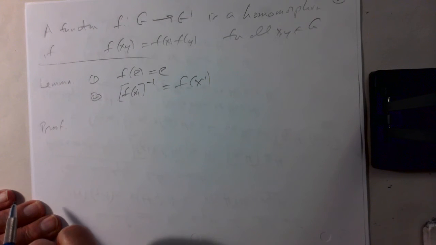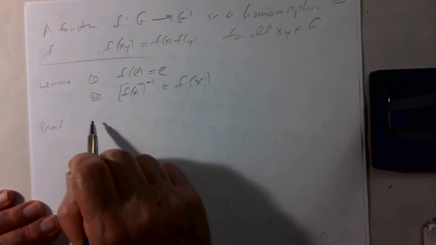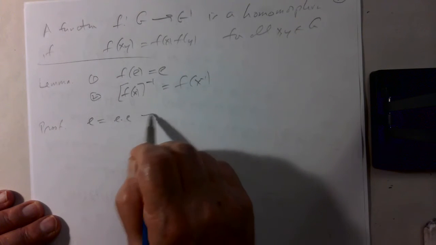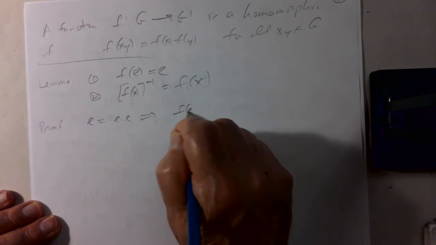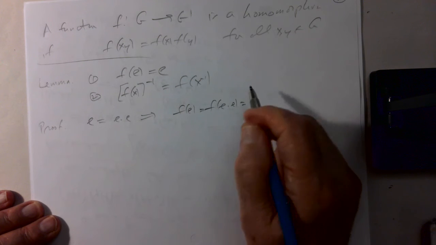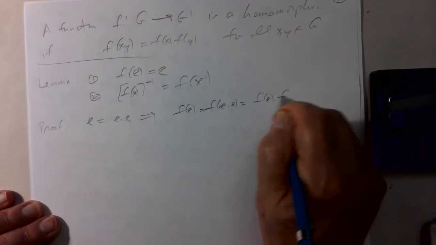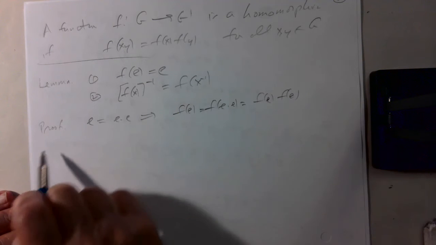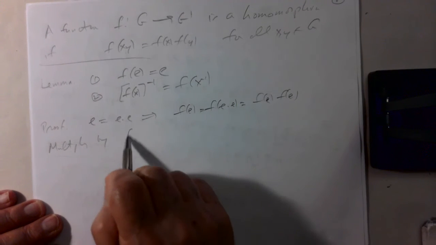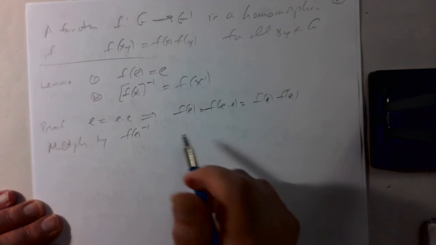How do we prove these? Well, we know that e is e times the identity. So f of e is f of e times e, which equals f of e times f of e. So multiply by whatever f of e's inverse is.